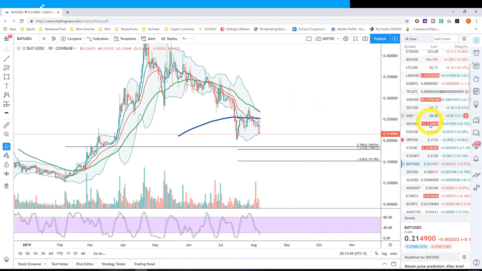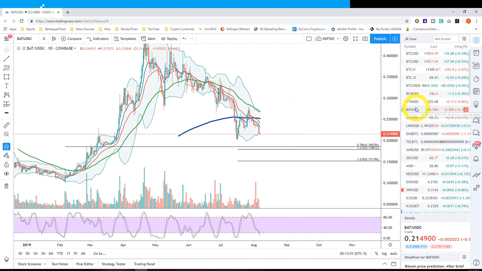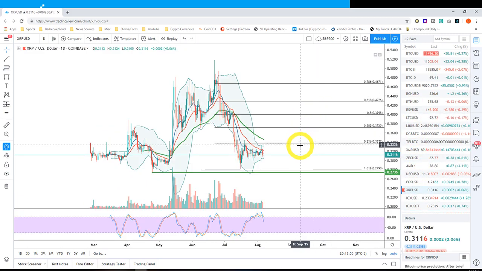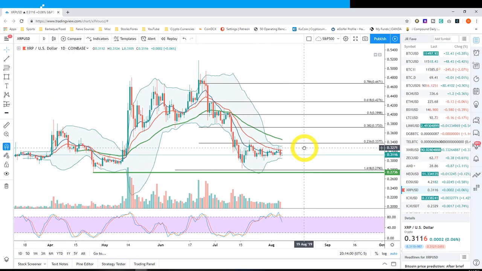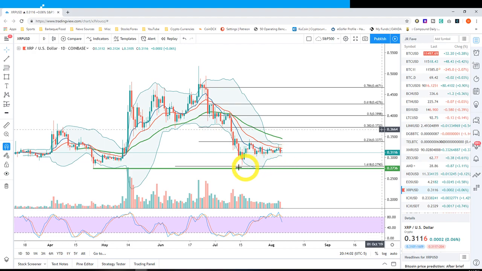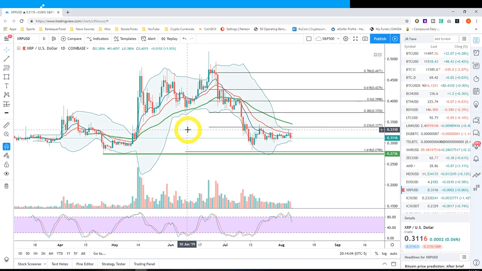What else? XRP. Yeah, I was looking at that one just a minute ago. Let's see, where's it at? XRP just looks like, there's no other way to describe it, that thing just looks like garbage. I mean, it is holding this cluster area, with a lot of choppiness.